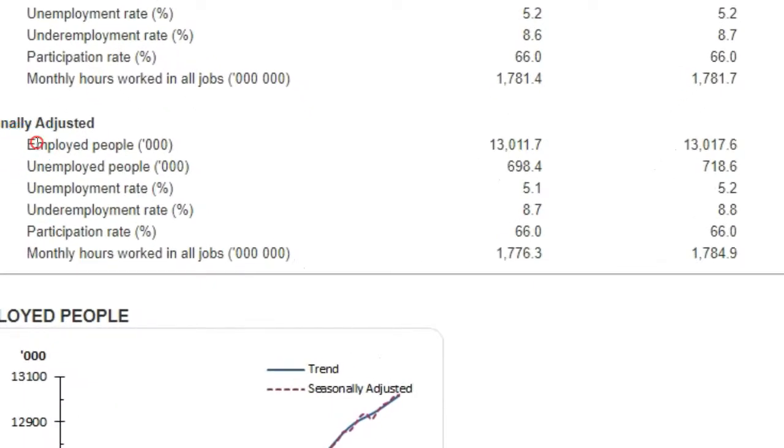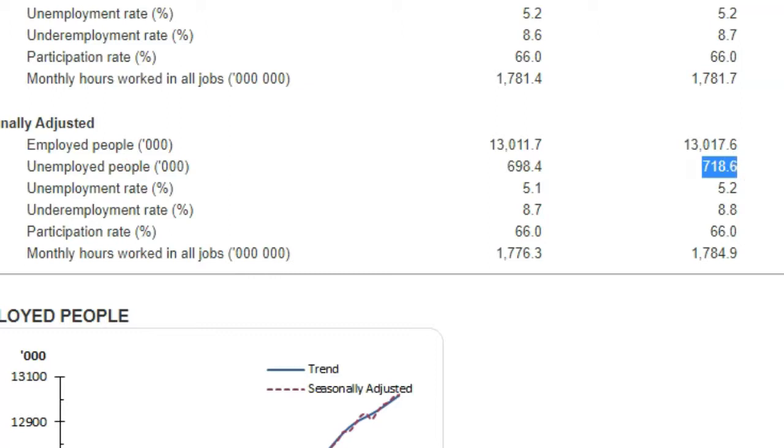So here we are, employed people, and we're looking for the latest one, which is March. So the number of people employed in March 2020 was 13,017,600 people. There you go. What about the number of unemployed people?